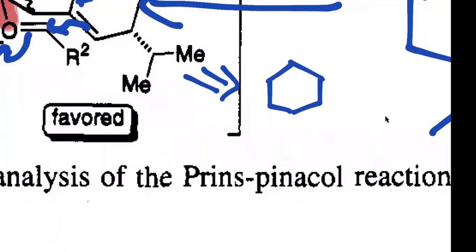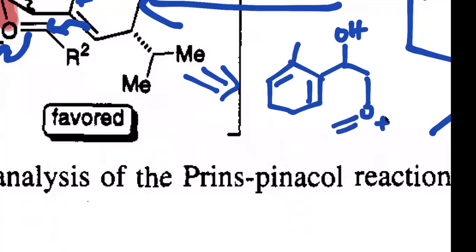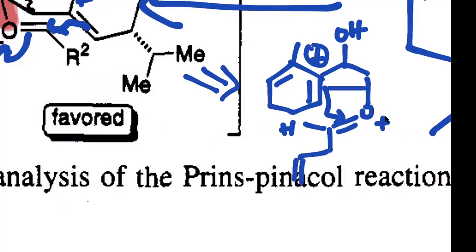I'm going to draw it a little differently than they have it drawn, just to make it easier to see. So that's positive, and that's hydrogen right there. Then when this attacks right here, you get a plus charge on this carbon, and this bond migrates over to attack that plus charge.